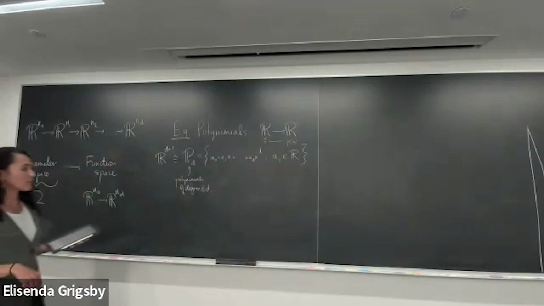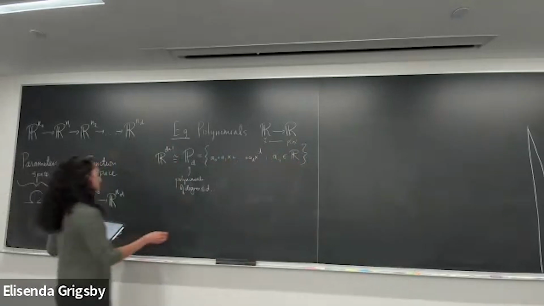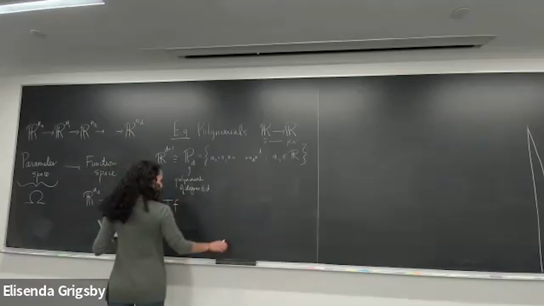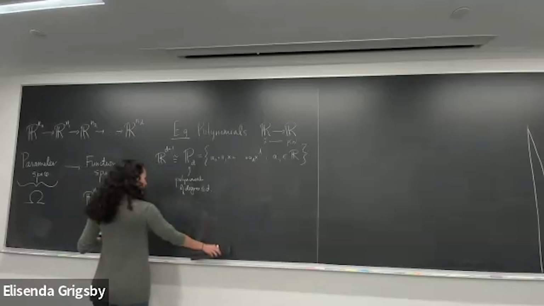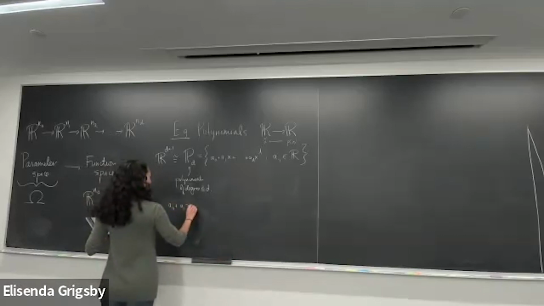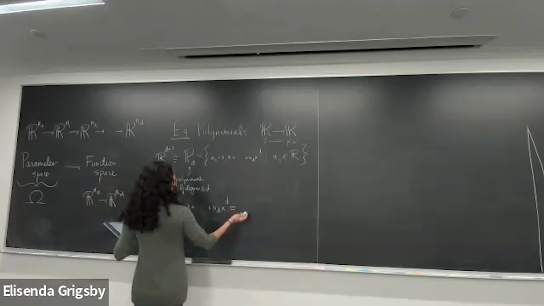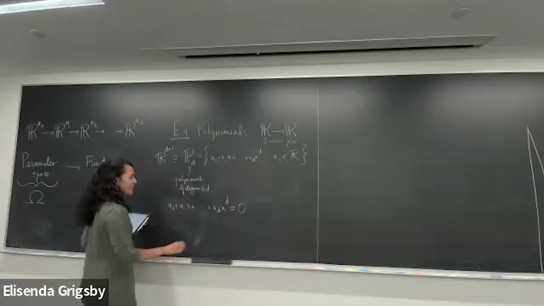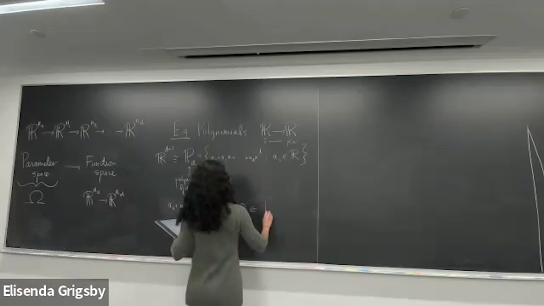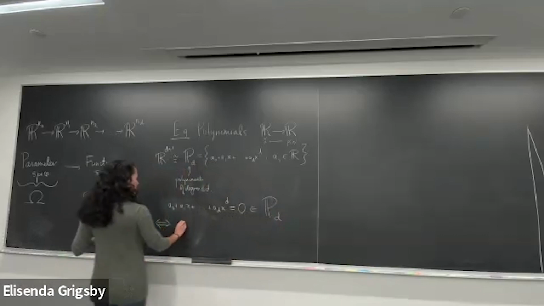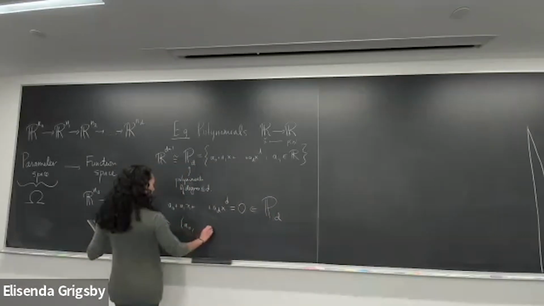I'll say it this way. The zero polynomial is an element of the space of polynomials if and only if the string of coefficients is zero.